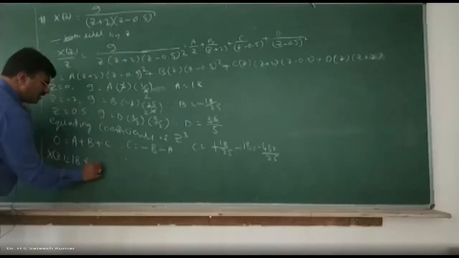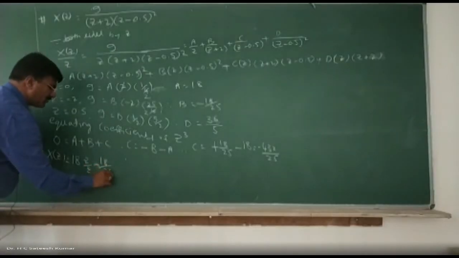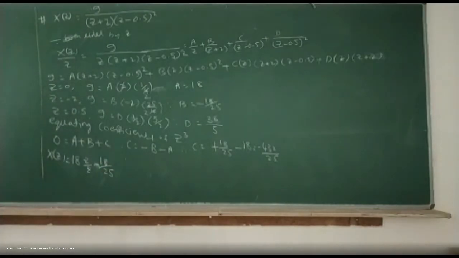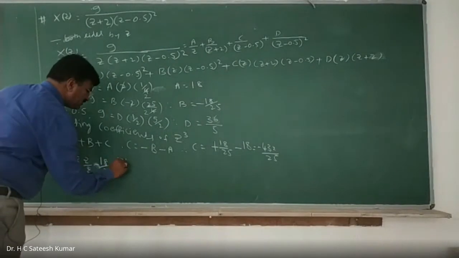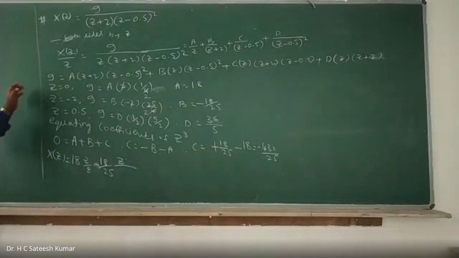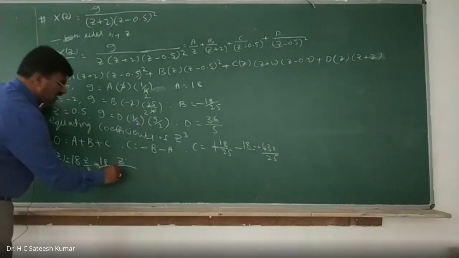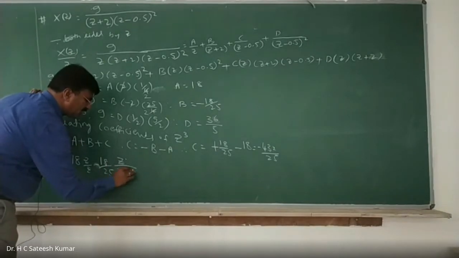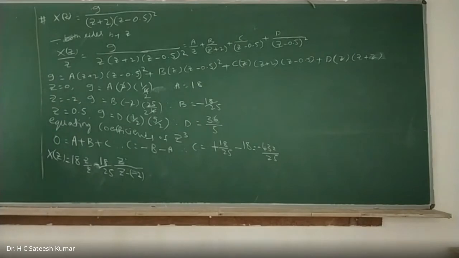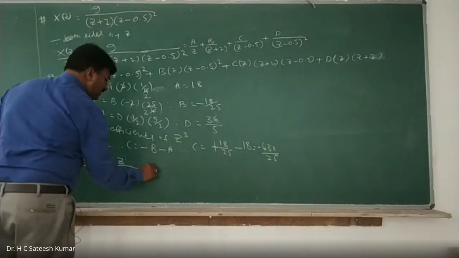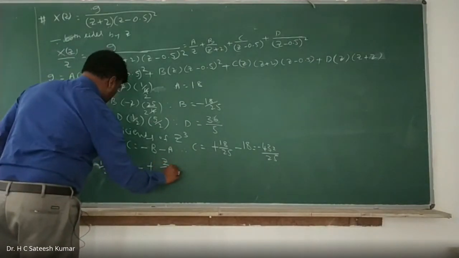Minus 18 by 25, into z divided by z plus 2, which is not a standard format. Therefore, I'll write z minus of minus 2 so that I can do it in standard format. Plus c.